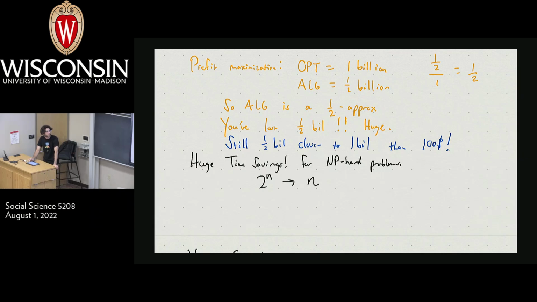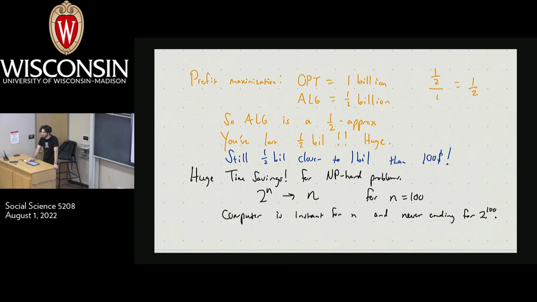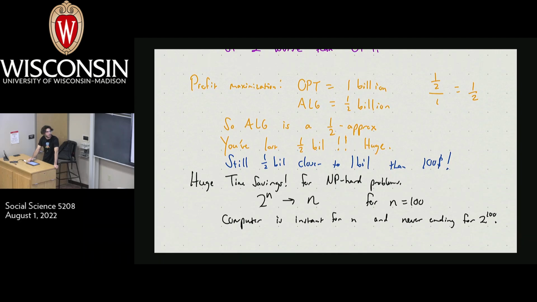You go from 2 to the 100, which would take all of time, versus 100, which would take, you can't even quantify how fast a computer would solve it, because it's basically instantaneous. So for n equals 100, a computer is instant for one and never ending for the other one. So I would say that's pretty much worth it. You know, I get half of a solution, but it runs so incredibly quickly that I don't really care.